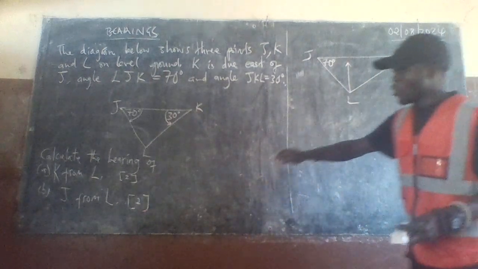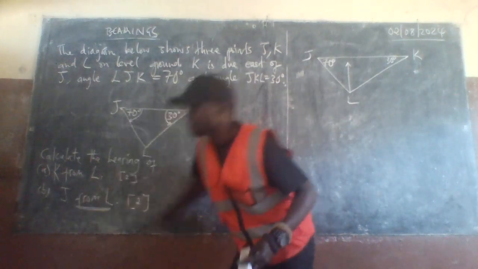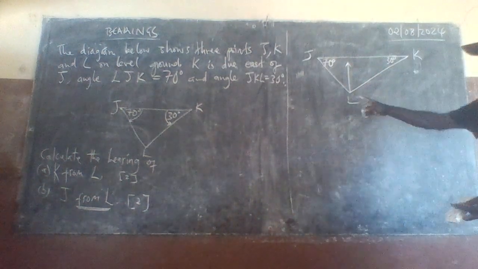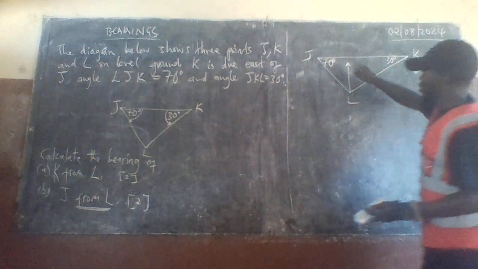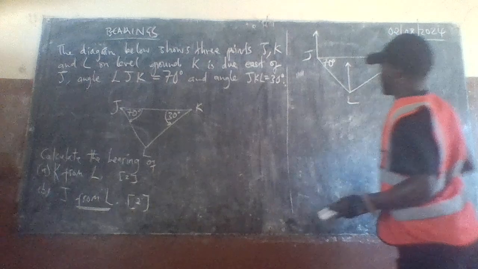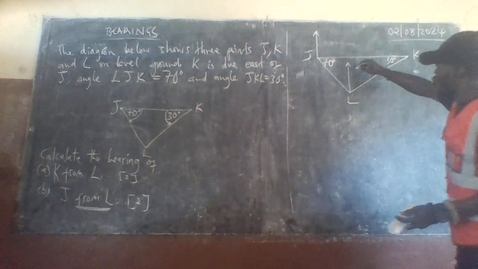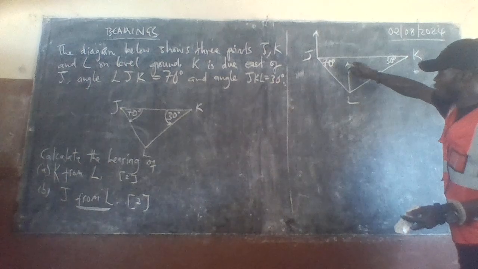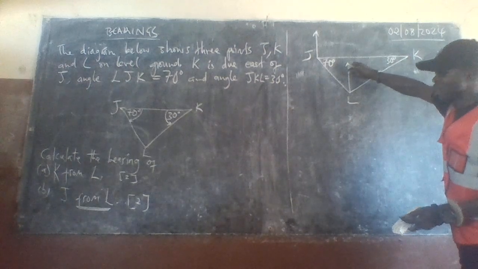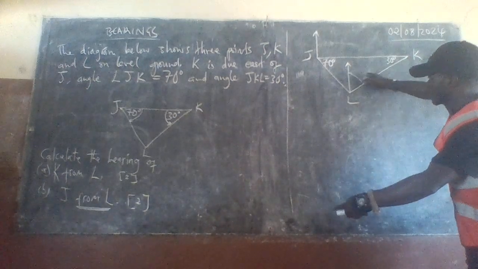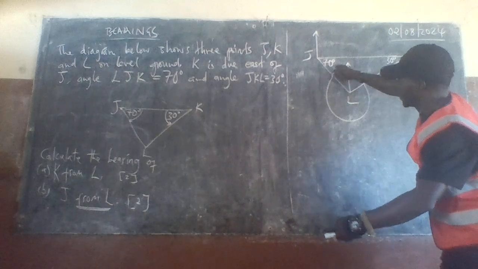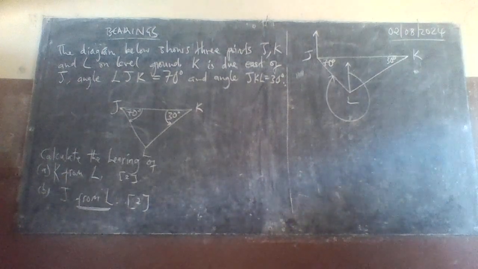So we always go on the from part. Don't miss that point. Go on the from part. So that is the from. Then bearing of J from L. So go on the from, which is L, and then draw a clockwise until you meet the other letter. So the other letter is being made there.